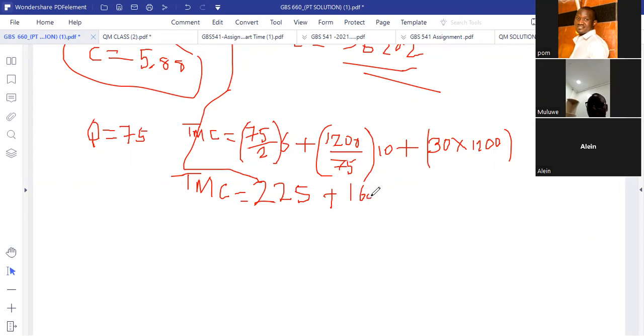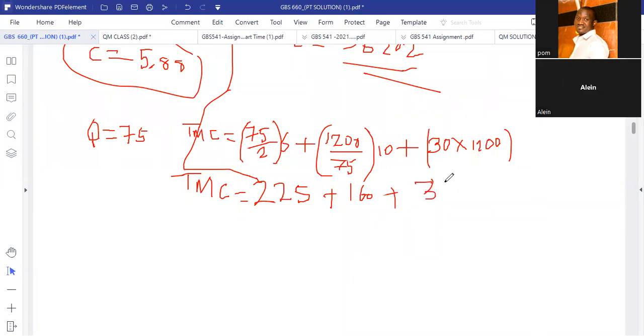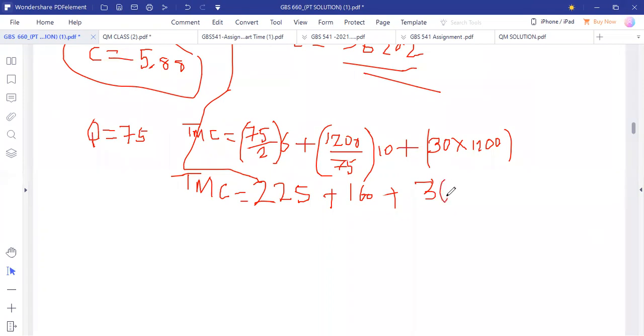Then we need to also check the other one. The other one is 30 multiplied by 1,200, which is 36,000, the unit price multiplied by annual demand.